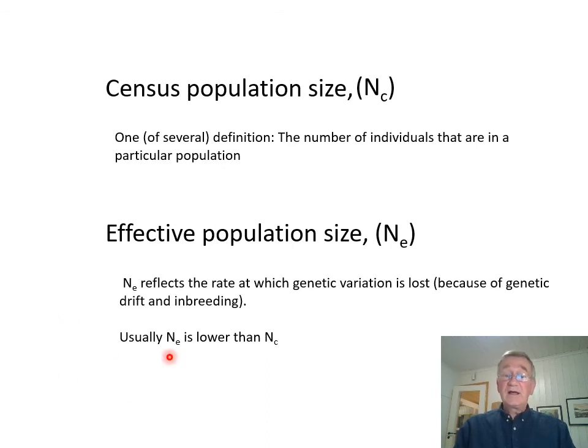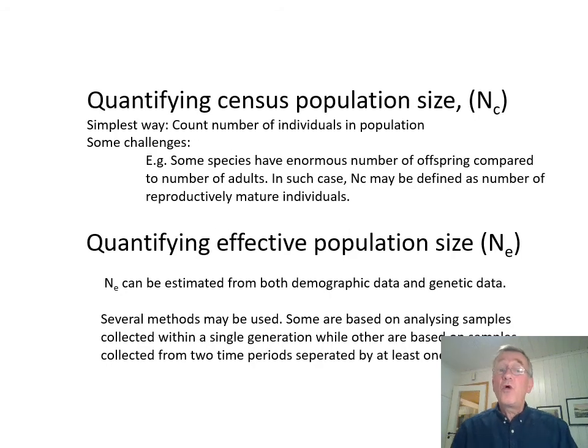Usually, as it says here, the effective population size is much lower than the census population size. So how can we quantify the census population size, and how can we quantify the effective population size?